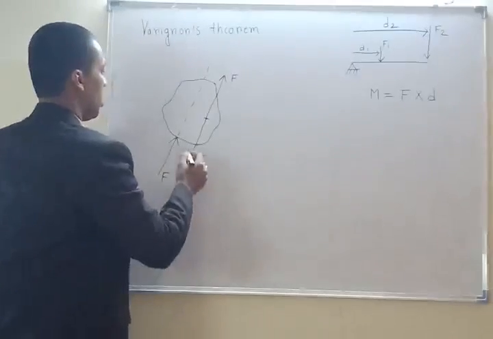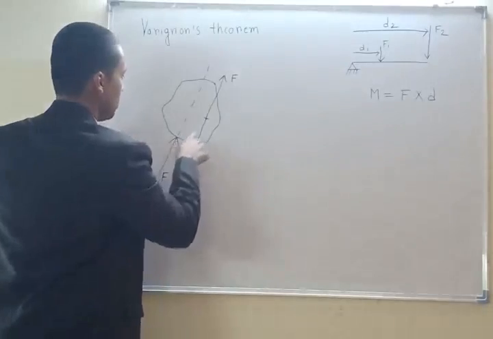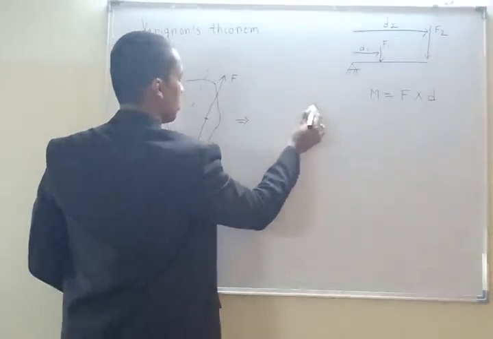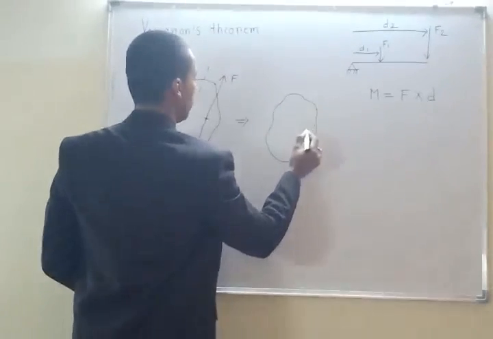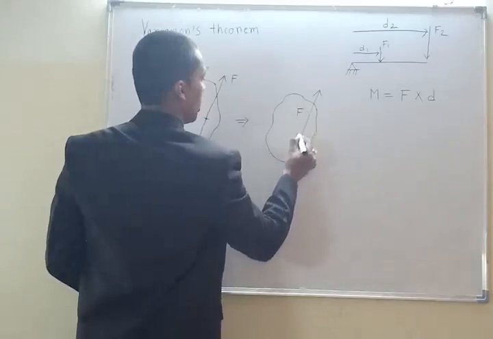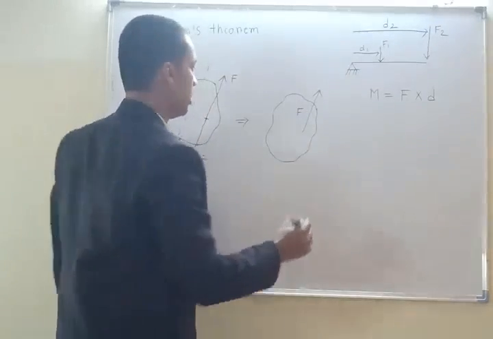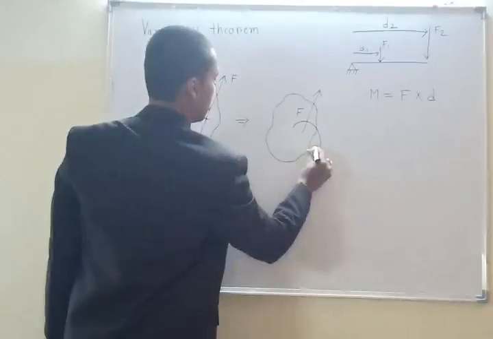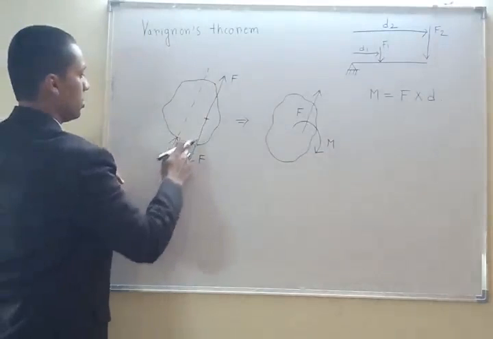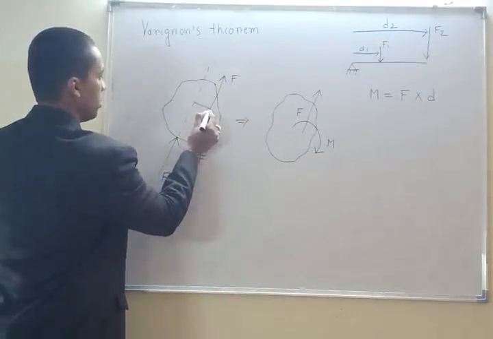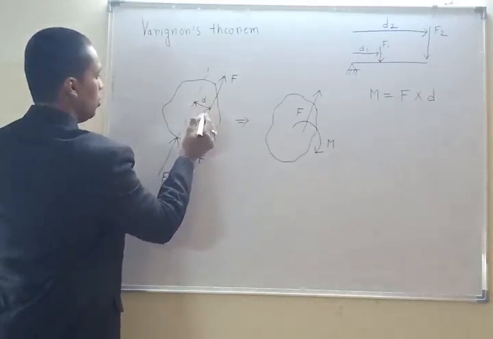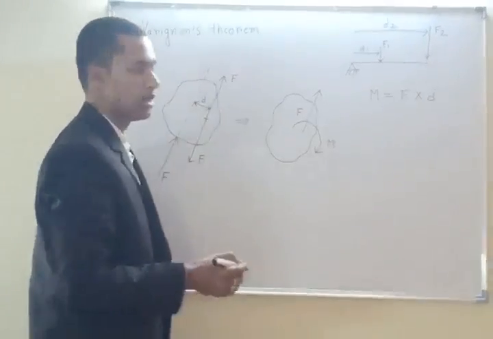That means now we can say, instead of this and this, what we can write is the body was like this, the force is like this, and at this point there is a moment like this, and that moment is, this is the distance, perpendicular distance between these two. Perpendicular means at 90 degree angle.